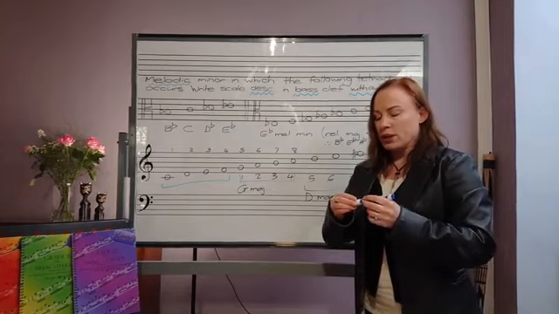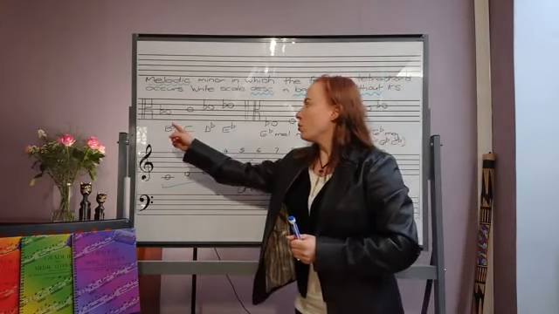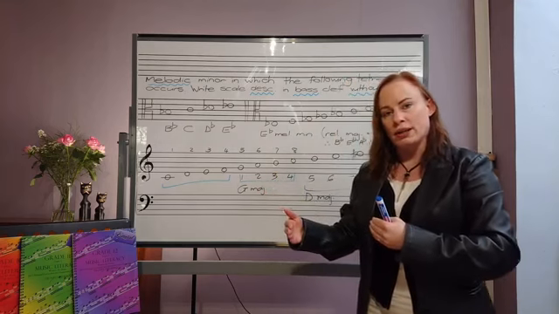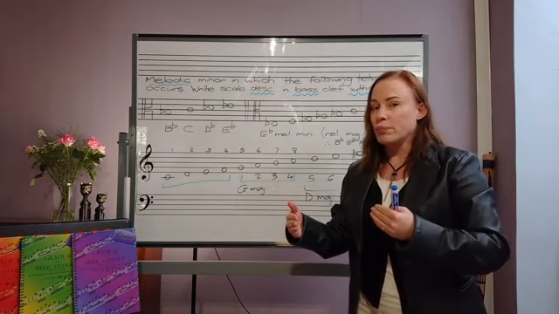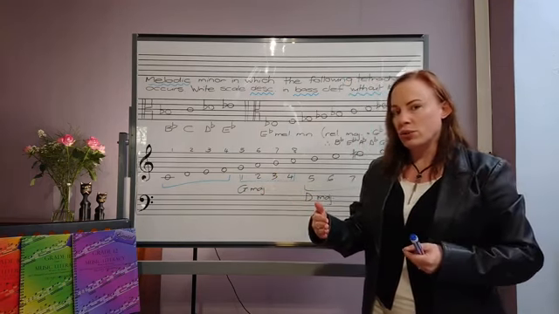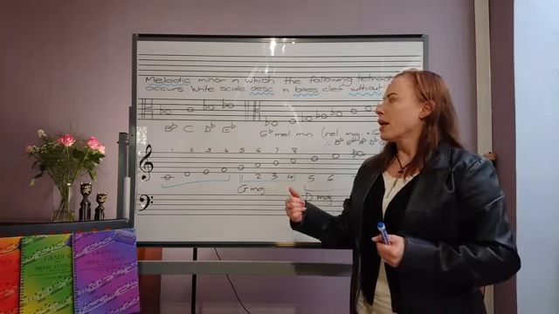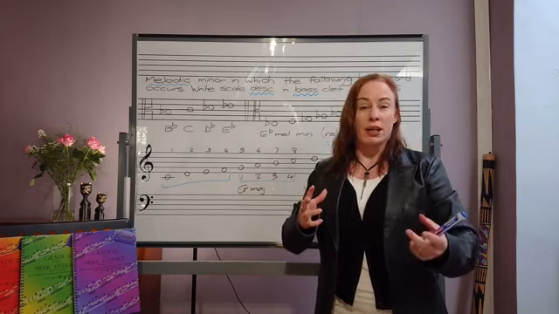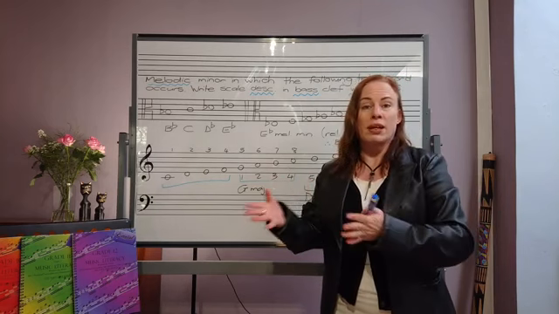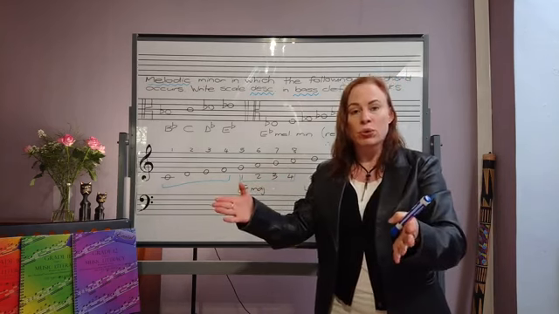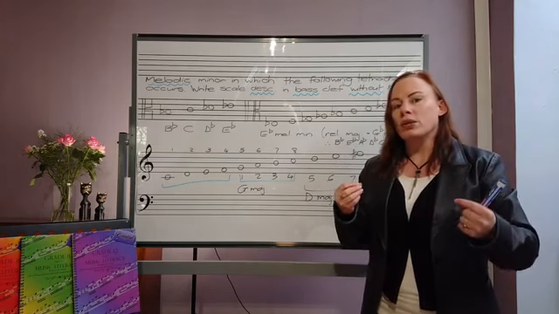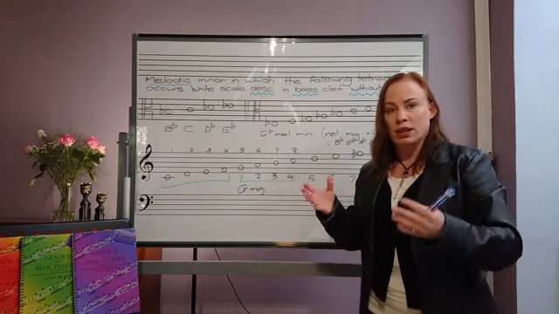This tetrachord can either be the first tetrachord in the scale or it can be the second tetrachord in the scale. So it's just a process of elimination. See if it works as the first tetrachord, see if it works as the second one, okay? It cannot be the second tetrachord, okay?